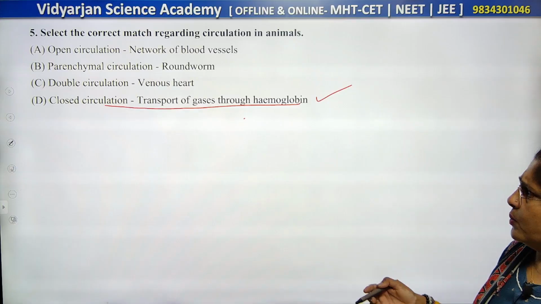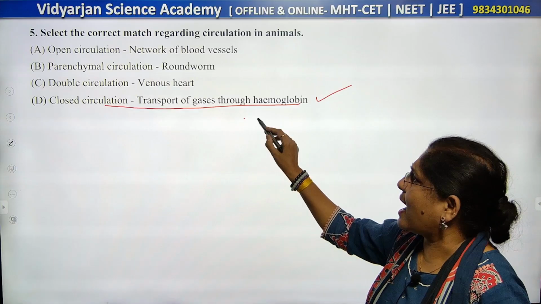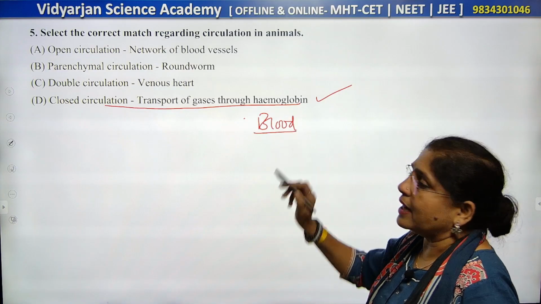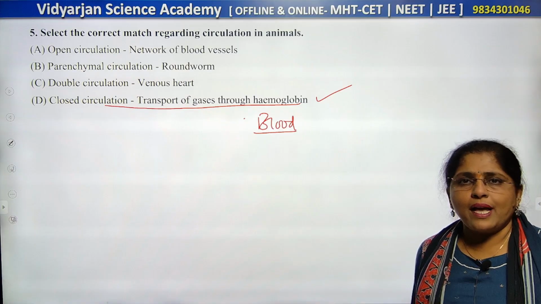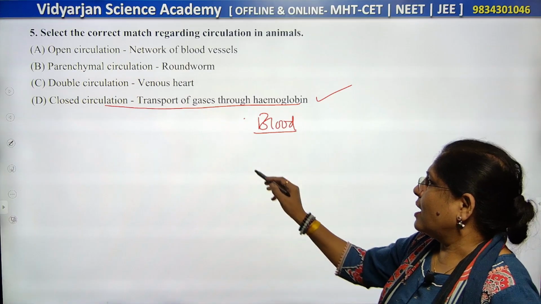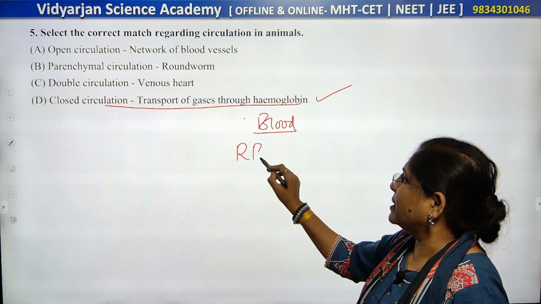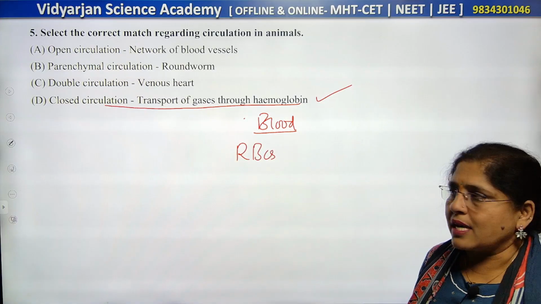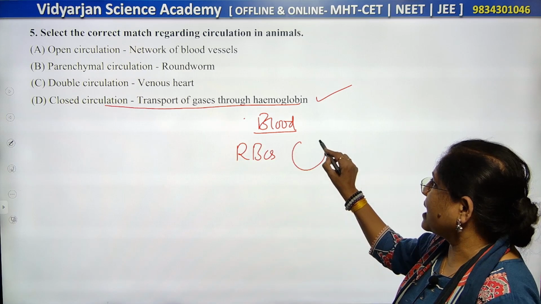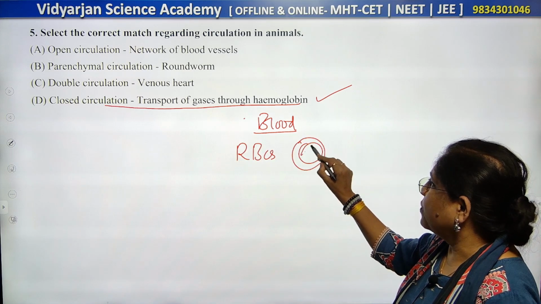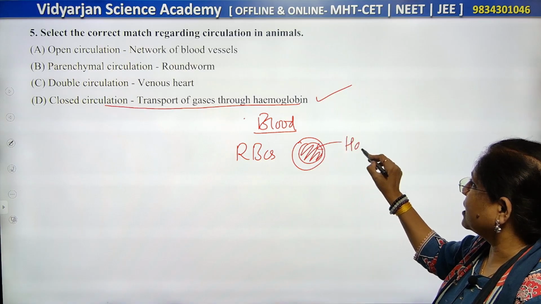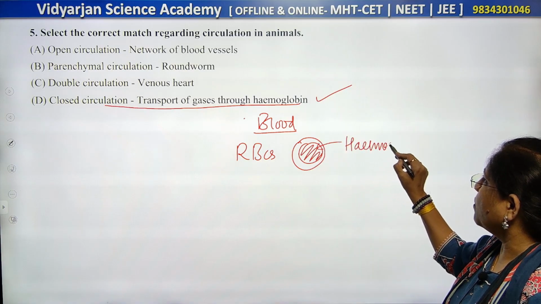In closed circulation, the main part is blood, and blood has all the cells. Amongst that we have RBCs, red blood cells. What is there in the red blood cells? You have the protein pigment, and that is nothing but hemoglobin.